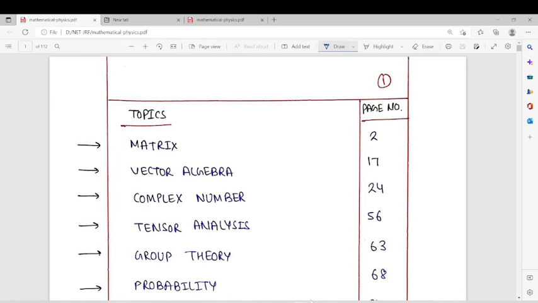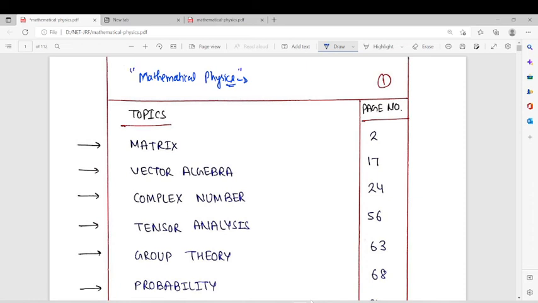So this is the syllabus of mathematical physics. As you know, mathematical physics is a very important part for physics exams like PGT, UPPSC, GIC, UPHESC, IIT JAM physics, CSIR NET, JRF.